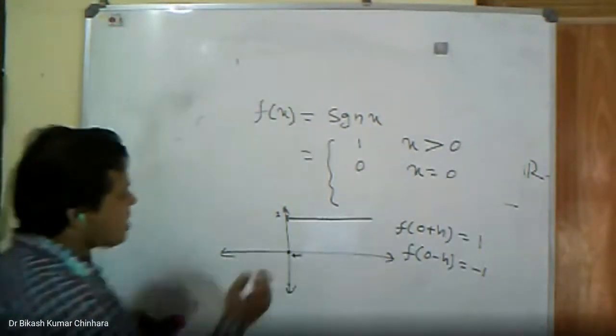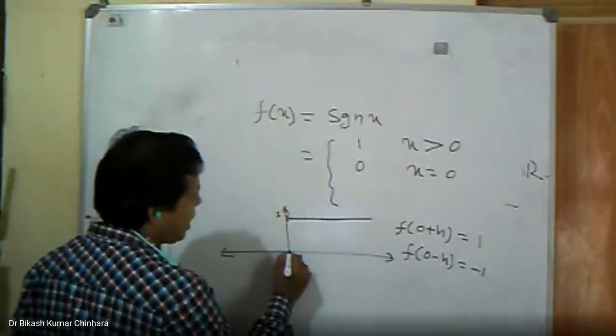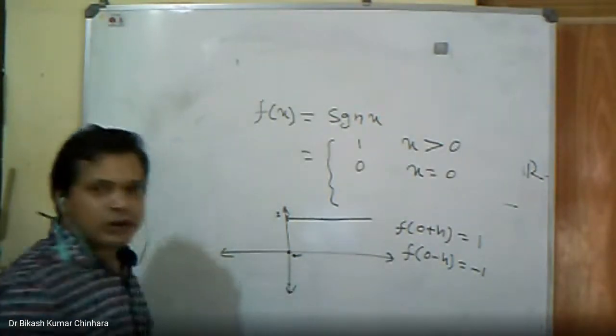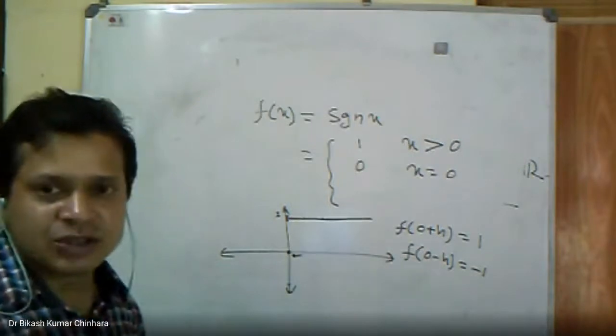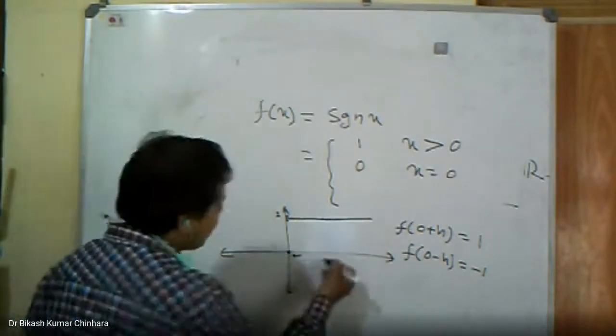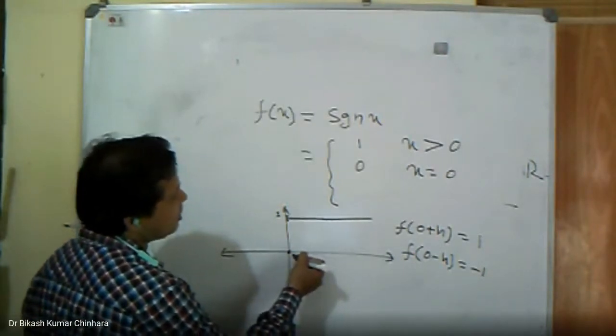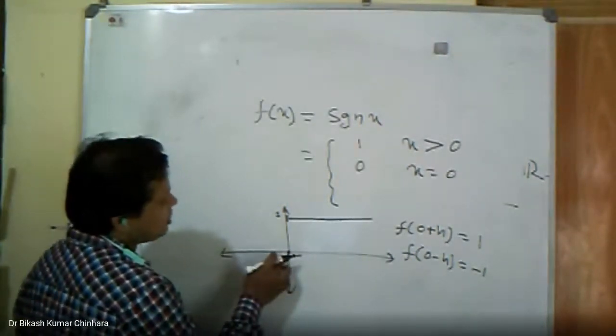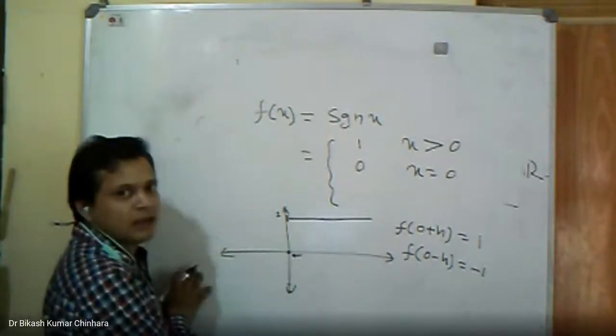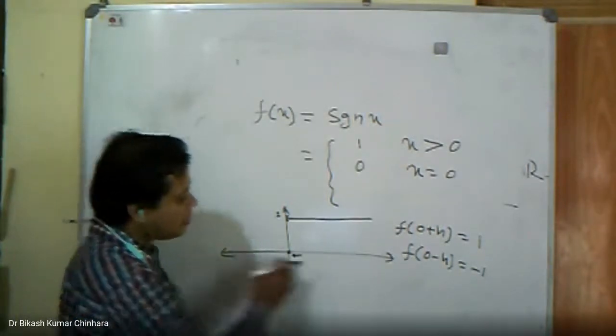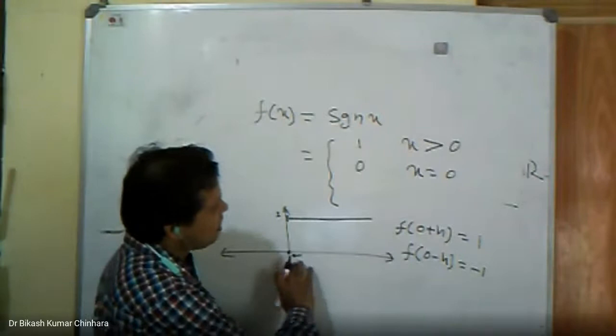So at the point 0, your RHL exists. You can only approach 0 from this side. Are you ready? Because the function is not defined for negative x. The function is defined for 0 and positive x.